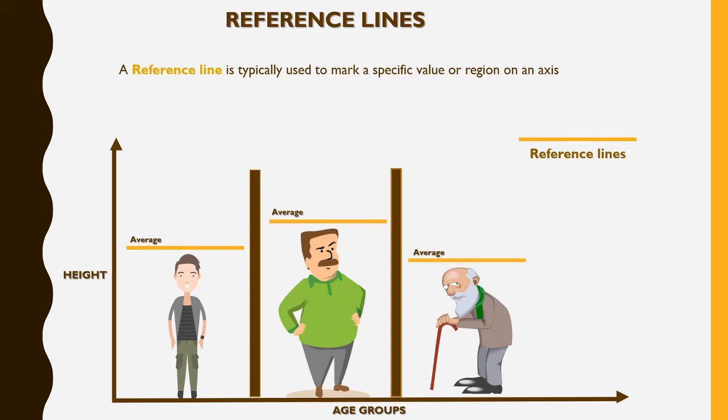So we can reach the analysis that when a person reaches the age of 60 years, their height is getting degraded. For finding this type of analysis, we can use a reference line, which gives us a different type of insight from this chart.